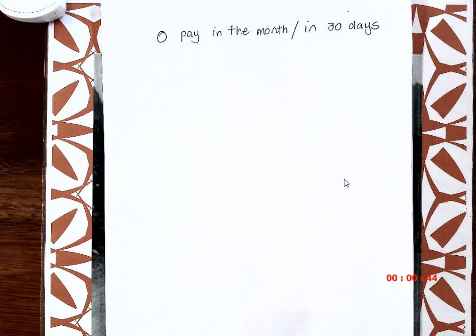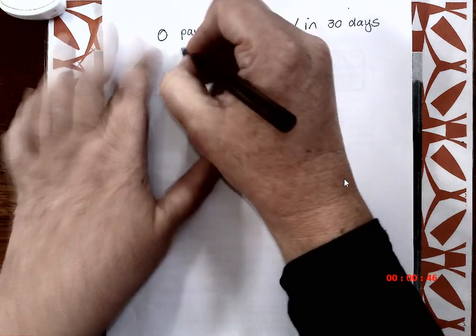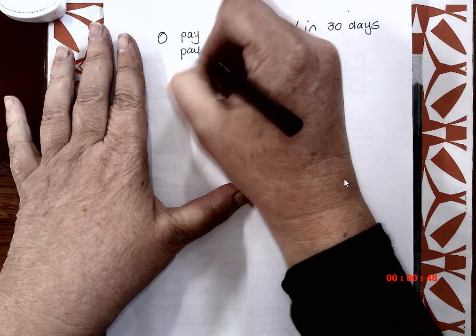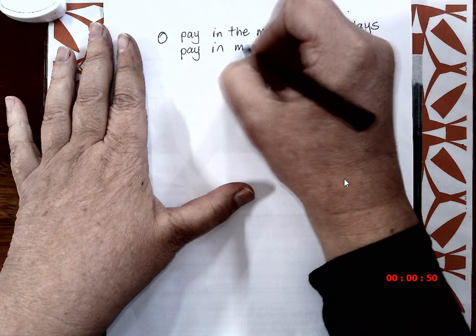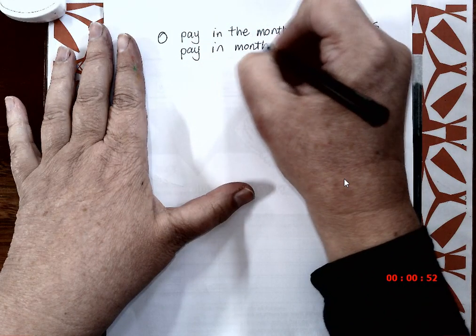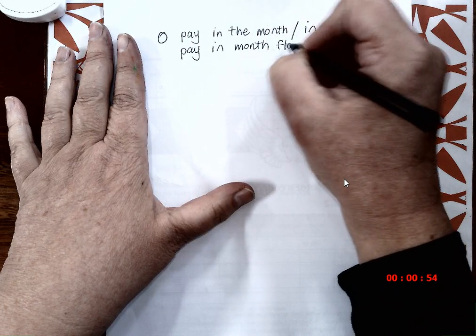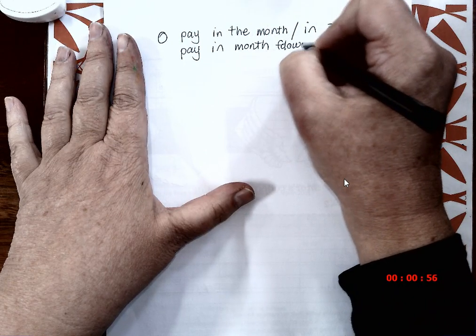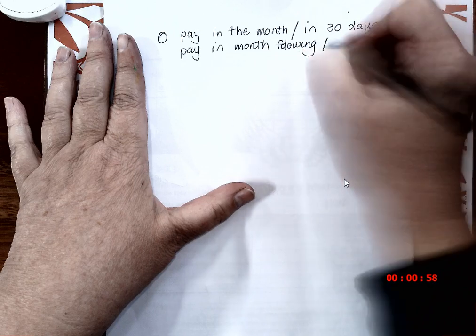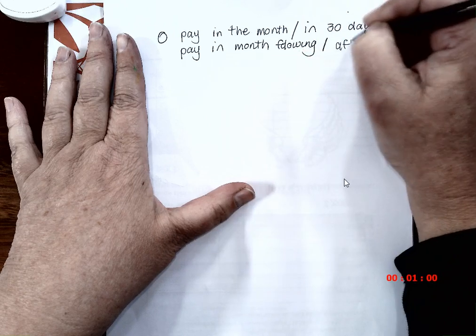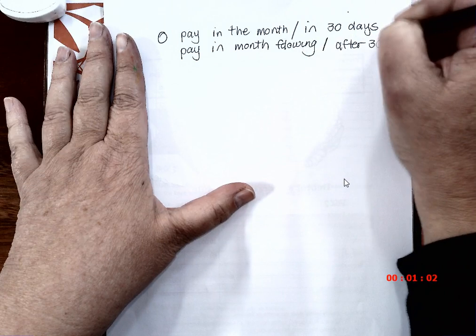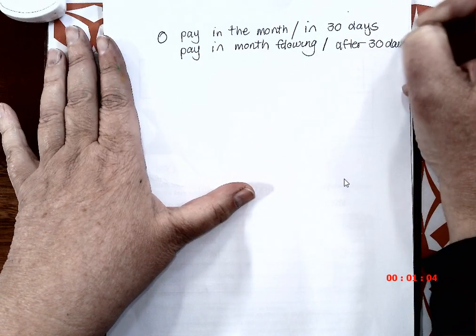Okay. It pays in the month following, or after 30 days. Now can you see 1 month is done?